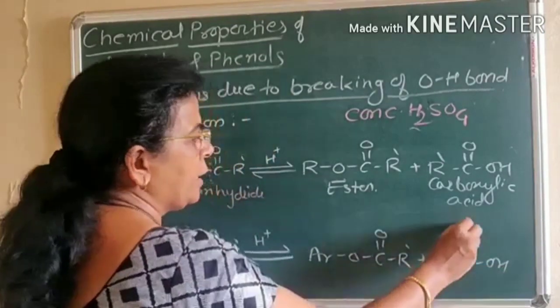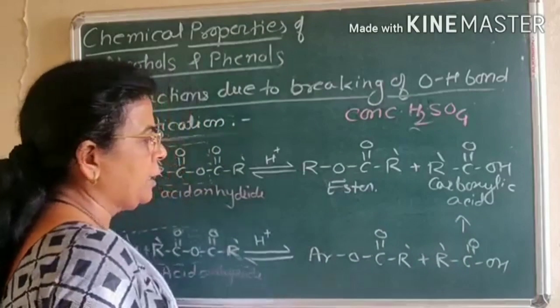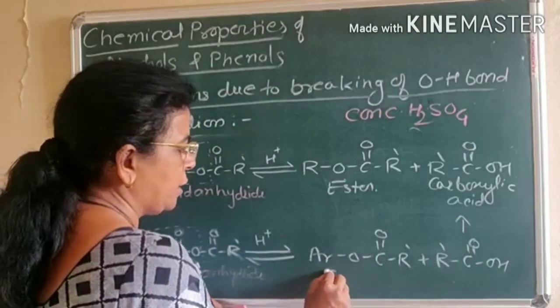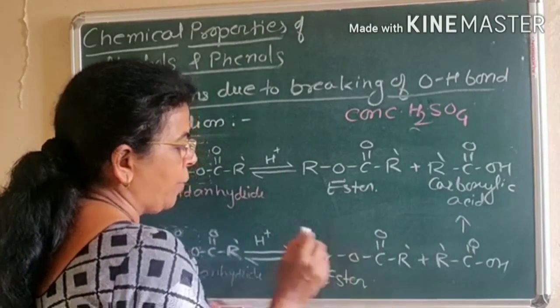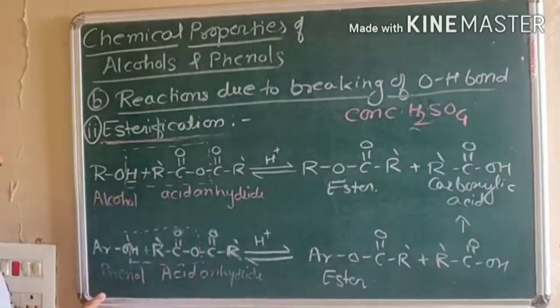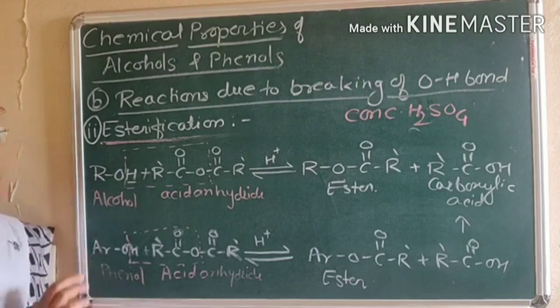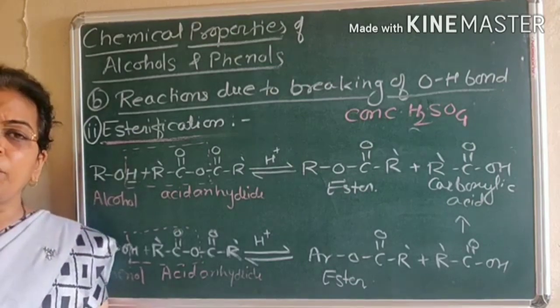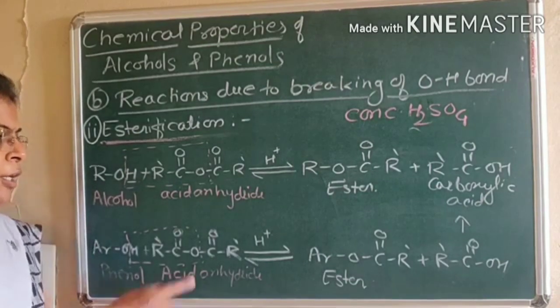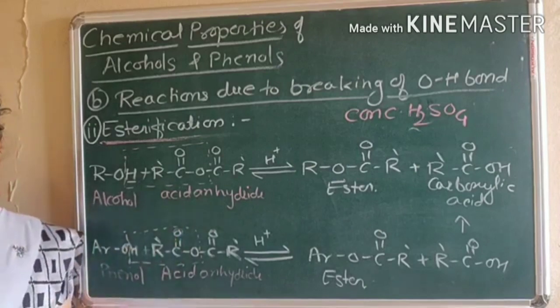This compound is a carboxylic acid, and this compound is ester. But this ester is an aromatic ester. In this way, alcohols and phenols are converted into ester. This reaction is also named esterification, but it is carried out by using acid anhydride.